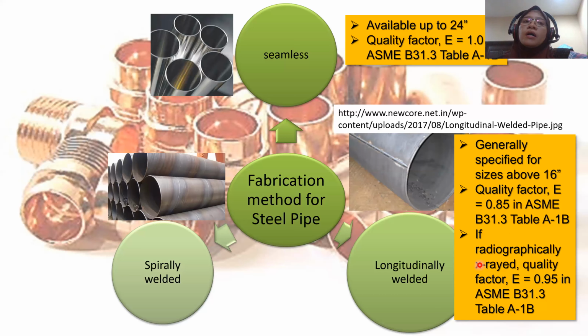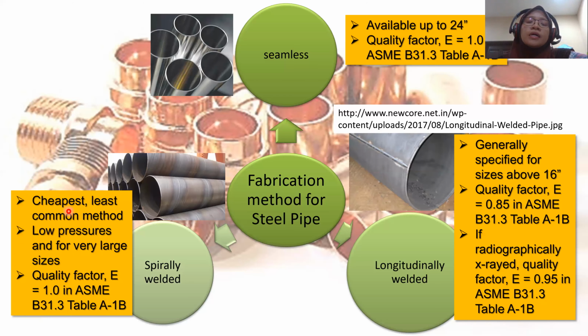But if radiographically examined, the quality factor is around 0.95. For spirally welded, this is the least common method and is formed by twisting a strip of metal into a spiral pattern.